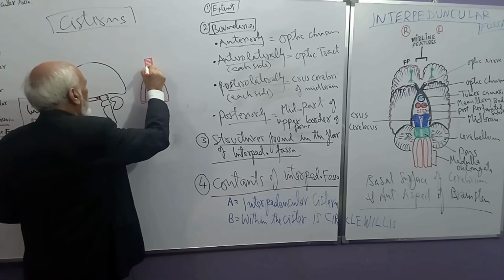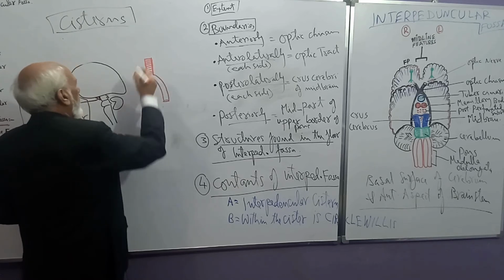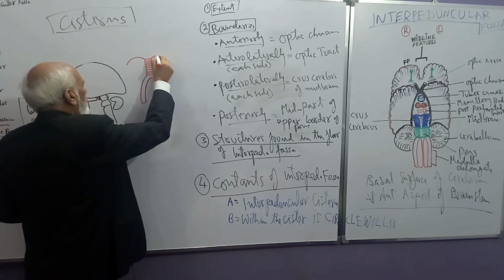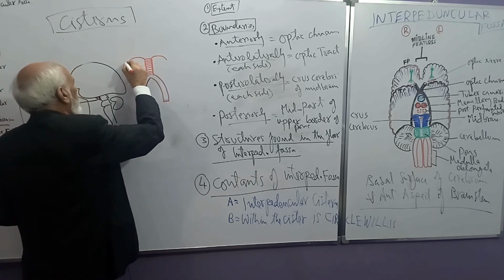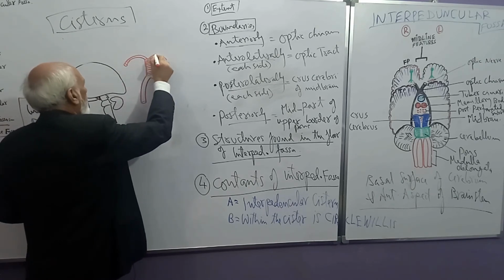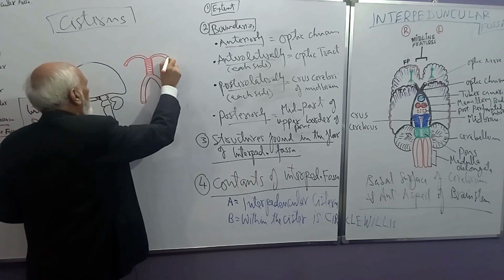This is basilar artery. At the upper part of the pons, the basilar artery terminates by dividing into posterior cerebral arteries. This is right posterior cerebral artery and this is left posterior cerebral artery.